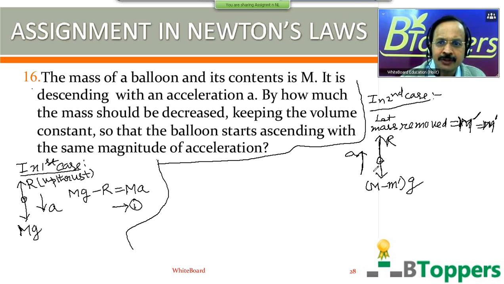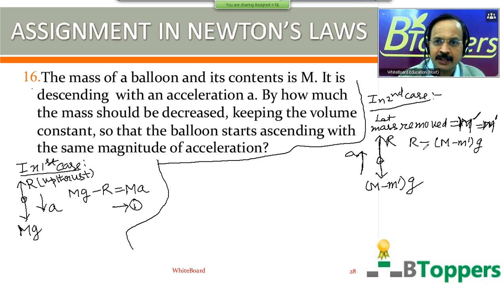In the second case, the motion is upward, so we choose the upward direction as positive. So the magnitude of the resultant force on the balloon in the second case will be R minus m dash into g in the upward direction. This resultant force acts in the upward direction.